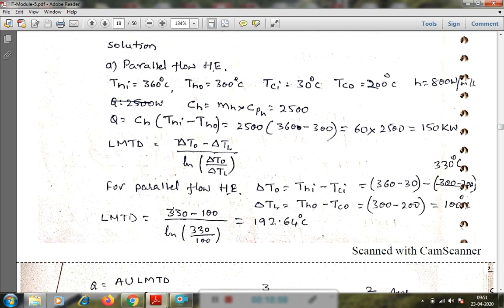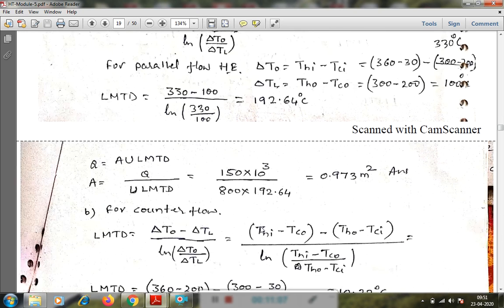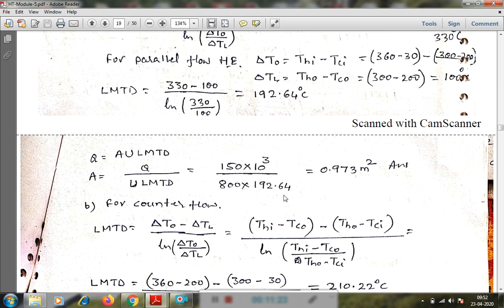Then the LMTD we can find as 330 minus 100 by ln of 330 by 100, which gives 192.64 degrees Celsius. We already know that Q is equal to UA LMTD. Then area is Q by U LMTD, that is 150 into 10 raised to 3 by 800 times 192.64, and we get 0.973 meter square area.